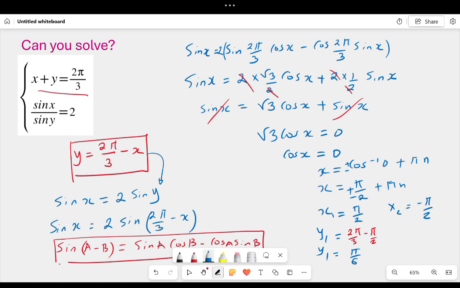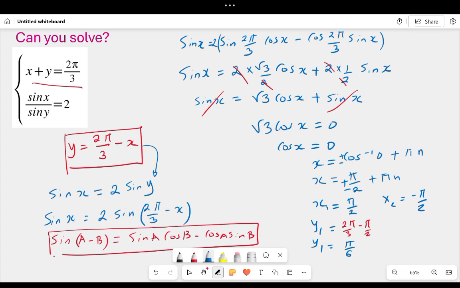And then the next value for y, when x is minus pi over 2, we get y2, which is the same thing we did here: 2 pi over 3 minus minus pi over 2. So it's going to be plus pi over 2.